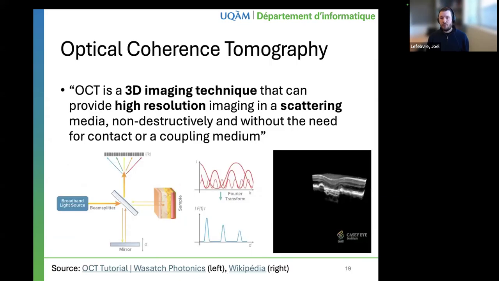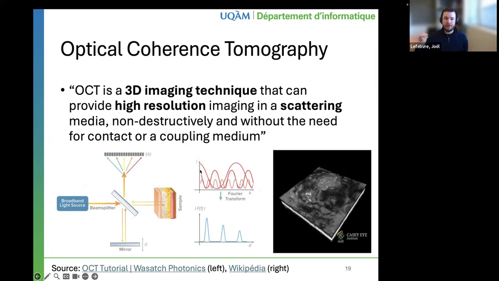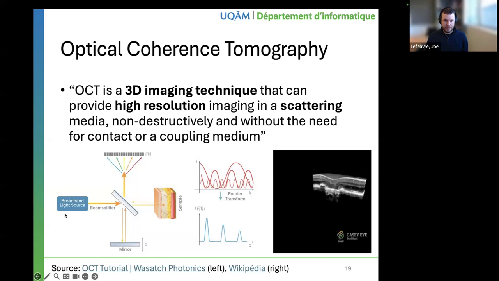In my lab, we use another intrinsic optical contrast technique called optical coherence tomography. OCT is a 3D imaging technique that can map the sample at high resolution in 3D by using the scattering of the sample. Summarizing, we use a broadband light source that we split into two arms.